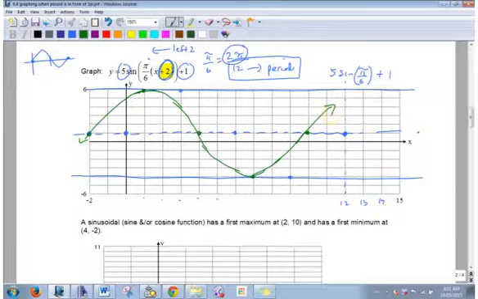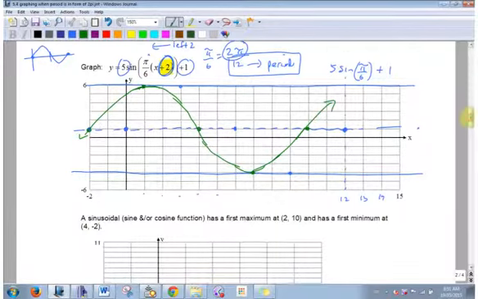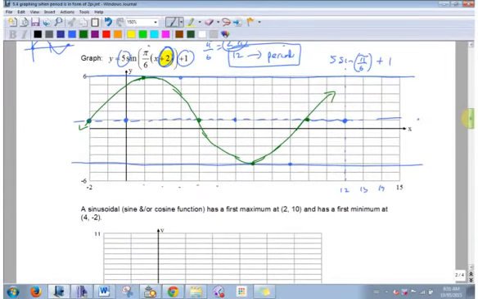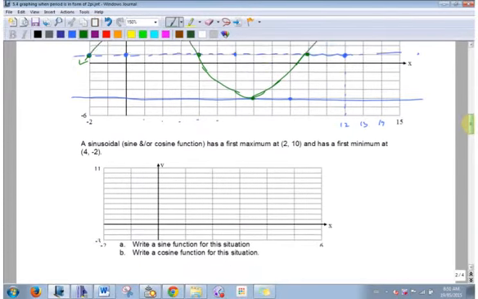Okay. So if I had moved that 3 units, that would be exactly on a natural cosine, wouldn't it? And 3 out of 12 is a quarter, which is 90 degrees.